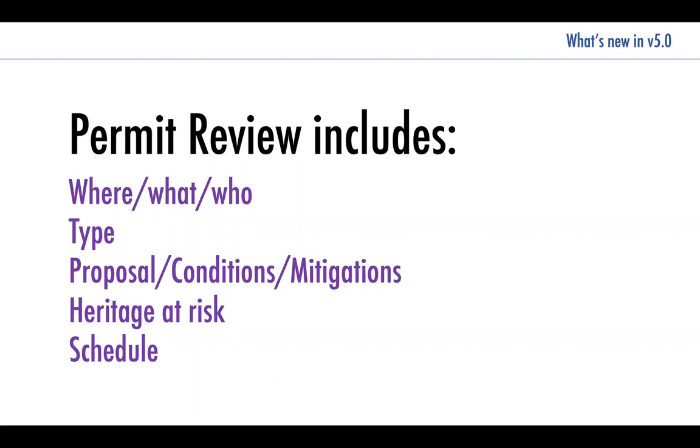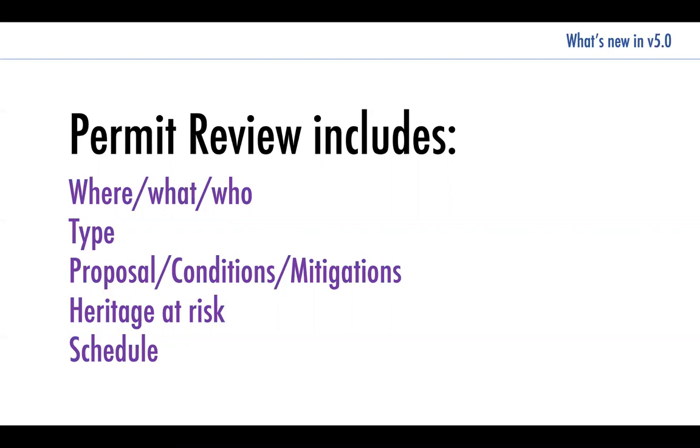What kind of schedule does this building permit application imply? If there are issues, do you need to propose or define conditions before the application can be approved? And if so, do you want to track the mitigations that the applicant is required to meet?